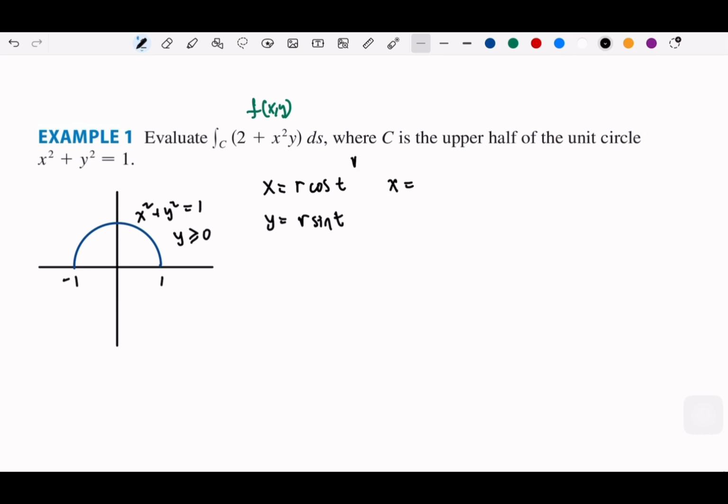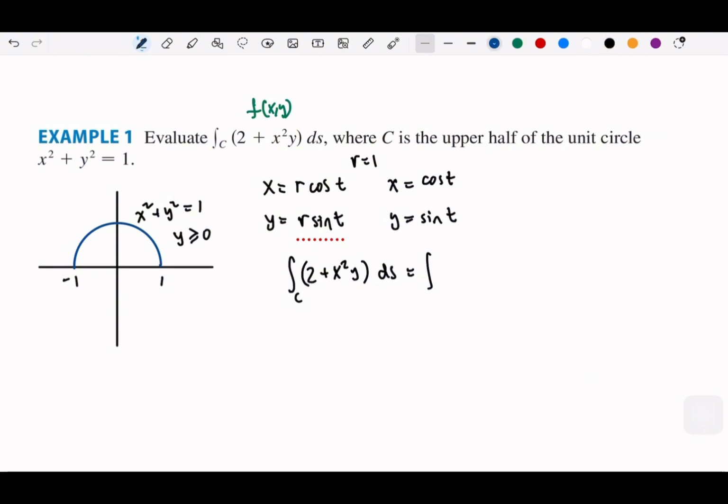Since r is 1, x is cosine t and y is sine t. So the line integral will be an integration where t is an angle.